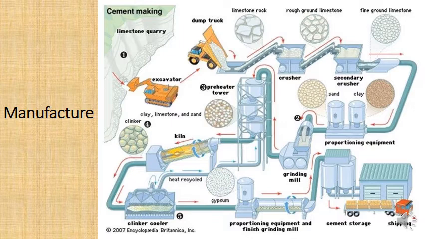And then they will be putting it through a kiln. Now that kiln, that oven, is going to heat it to 1500 degrees Celsius. It makes it really hot. And what happens is the lime from the limestone reacts with the silica and alumina from the sand and the clay, and they form tricalcium silicates, dicalcium silicates, and tricalcium aluminates.